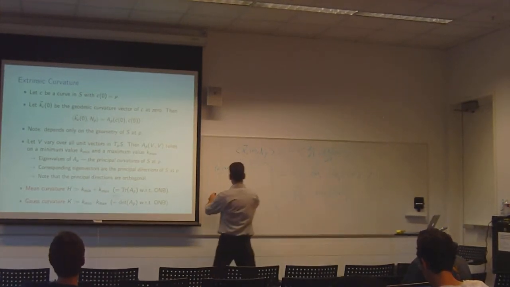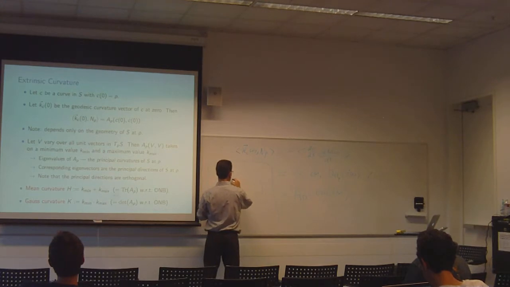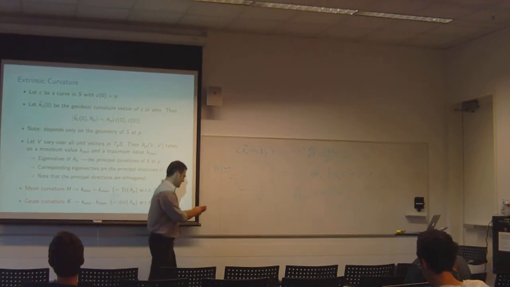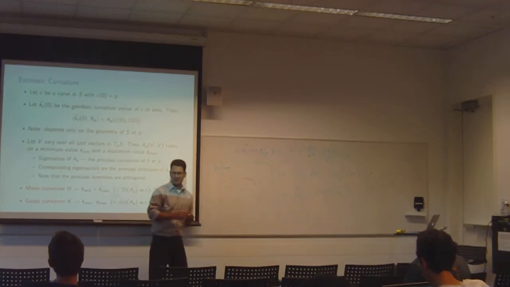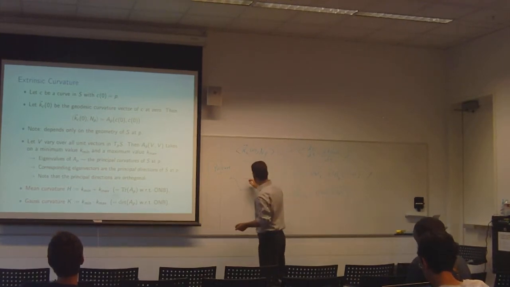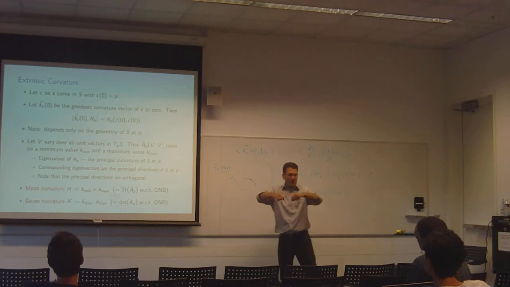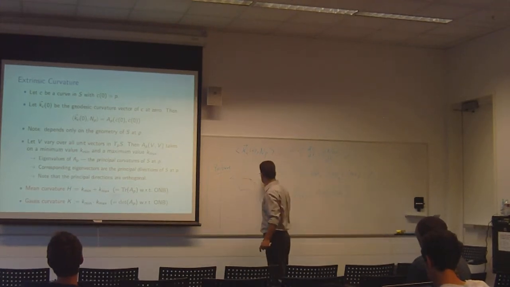Okay, the picture. Here's a nice picture. This is a good picture. So here we have our surface, let's say. So make it bend a little bit from this. Okay, so what you do is you go to a point here, and you draw a curve in the surface. And what you can then do is you can sort of straighten the curve out so that you can cut the surface with a plane which is perpendicular to the surface.